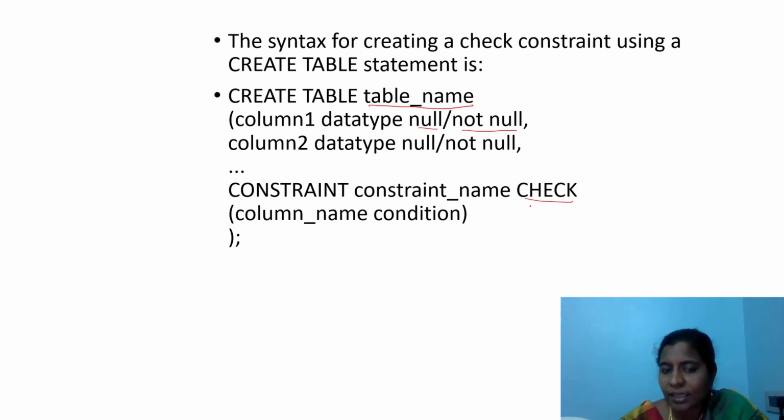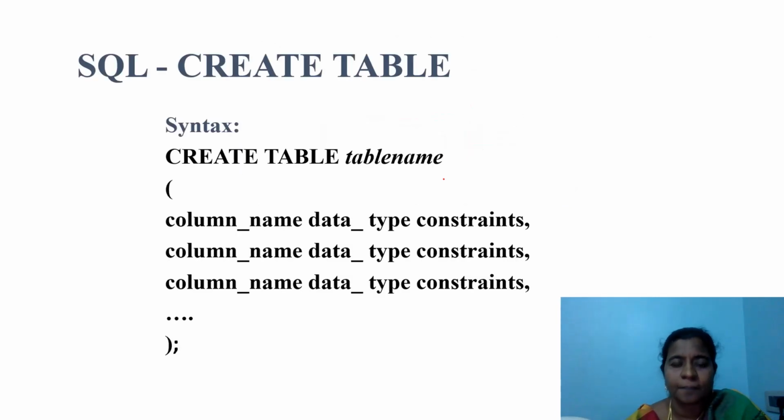That is the check constraint. Then here you have to give the condition. For example, for a student table, age should be greater than 18. In that case, check, then you have to mention age greater than 18. So that condition has to be mentioned. Like that, you can create a check constraint.